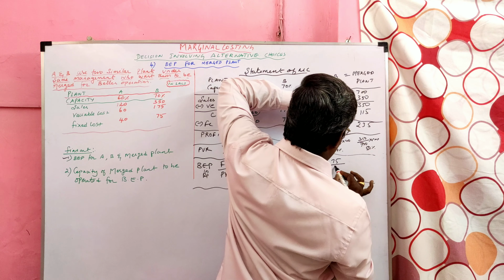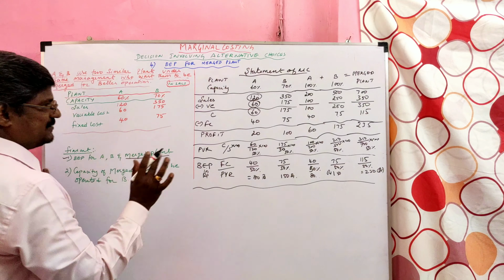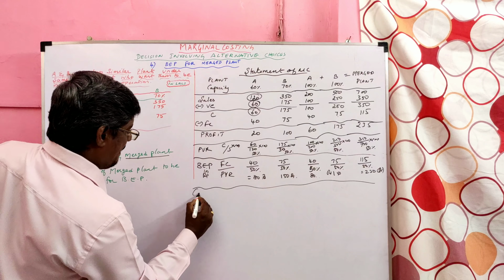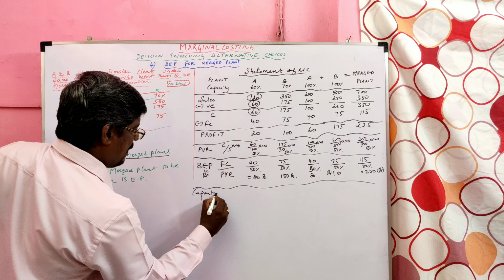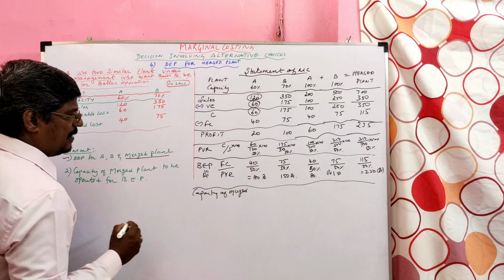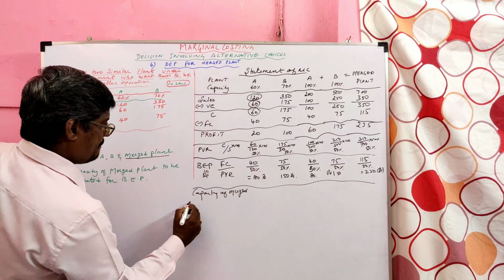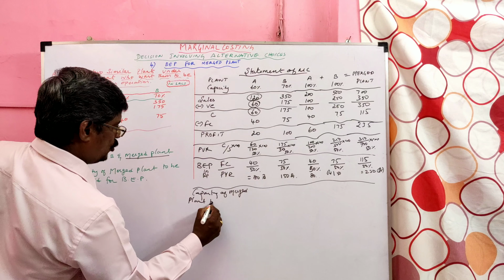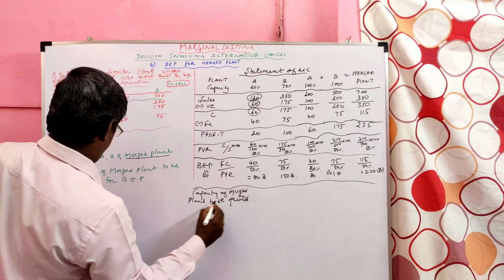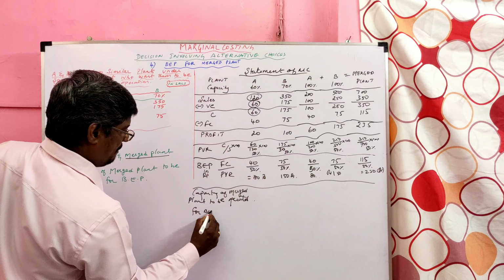Now we calculated BEP for plant A, plant B and for the merged plant. Next they are asking the capacity of the merged plant to be operated for BEP.